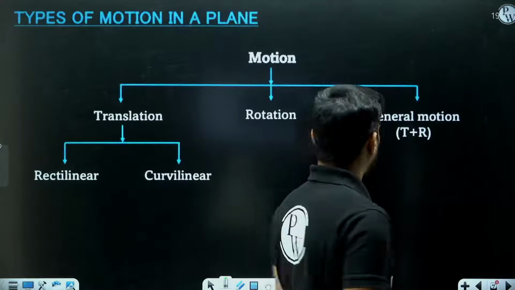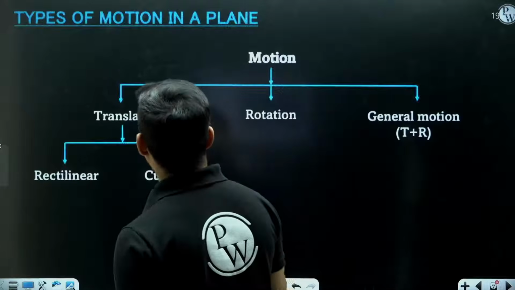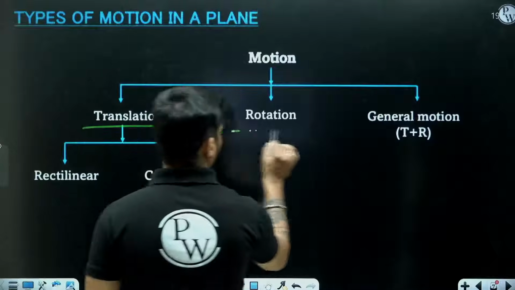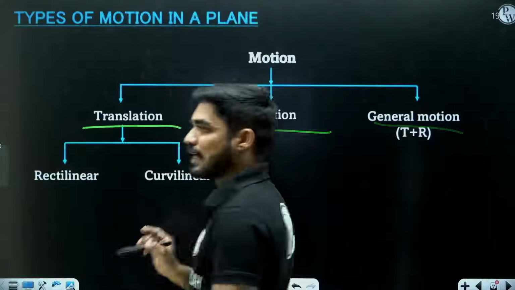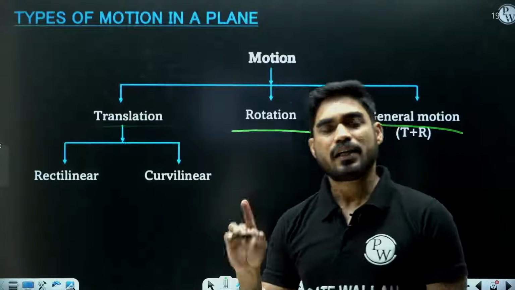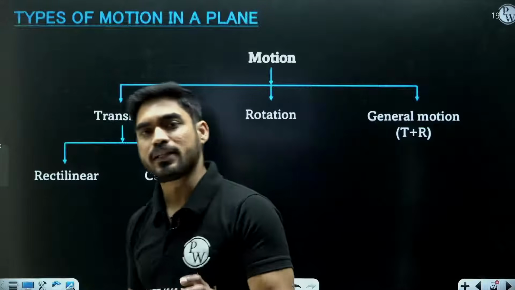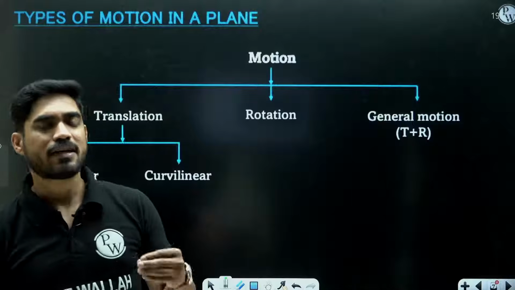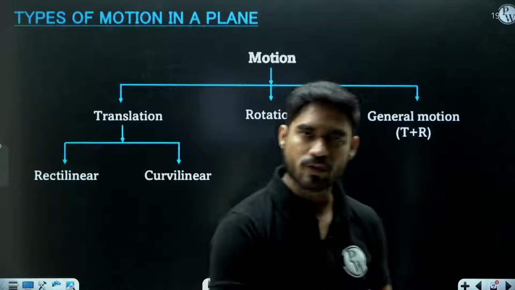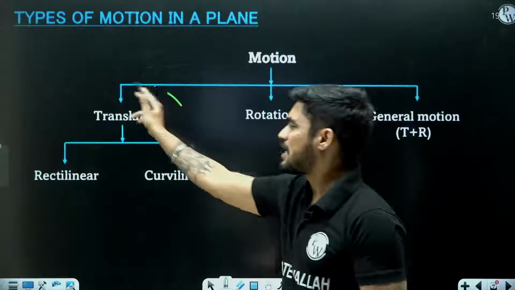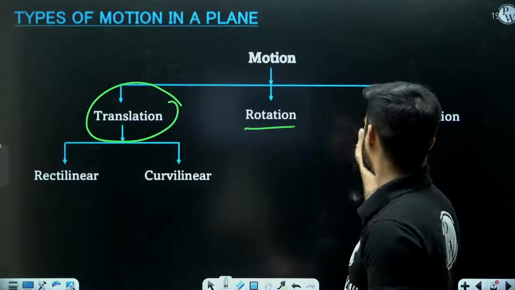Now, motion is divided into three types: translation, rotation, and general motion. And I told you that if there is rotation involved, then we need to consider the entire body. Otherwise, we can consider the body as a particle. Particles only have translation. Particles cannot have rotation or general motion.